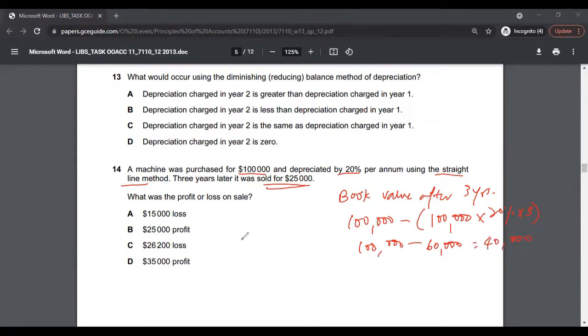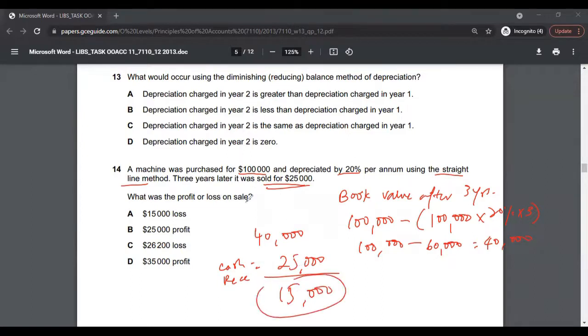Book value is 40,000. Cash received is 25,000. So it's a loss of 15,000. That's what we are asked in the question. So the answer to multiple choice 14 is option A, 15,000 loss.